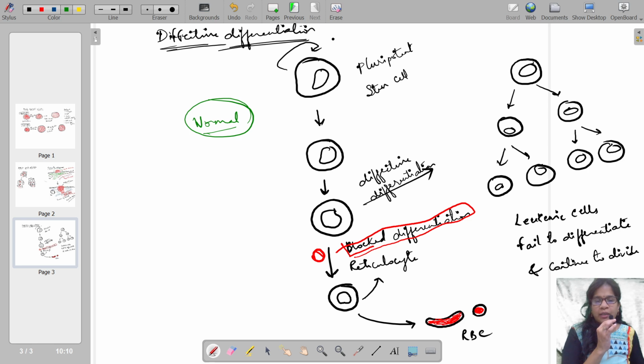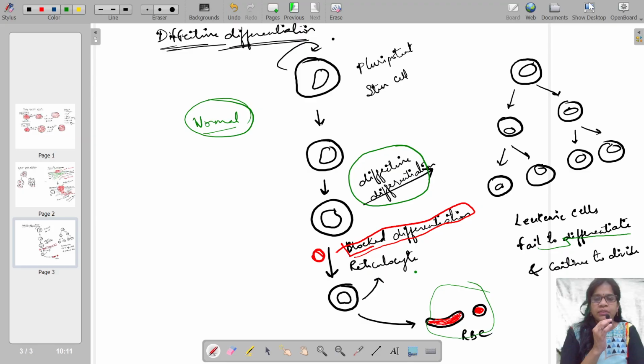I'm only giving you RBC as an example. So you have a correct differentiation of your stem cells, but defective differentiation happens in tumor cells, where the WBC keeps on increasing in number. That is why I told you leukemic cells fail to undergo differentiation, thus leading to continued division and an increase in tumor cells.